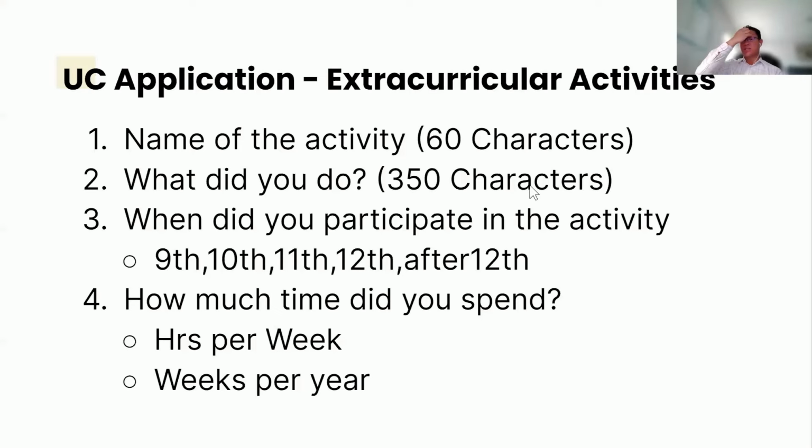And I want to stress this is characters, because a lot of people get confused, since the essays, the PIQs that you use in the UCs, allow you to have 350 words. This is only characters, so it's very short. Then they ask what you participated in from 9th to 12th, and even after 12 if you're a transfer student. And then how much time did you spend, hours per week and weeks per year?